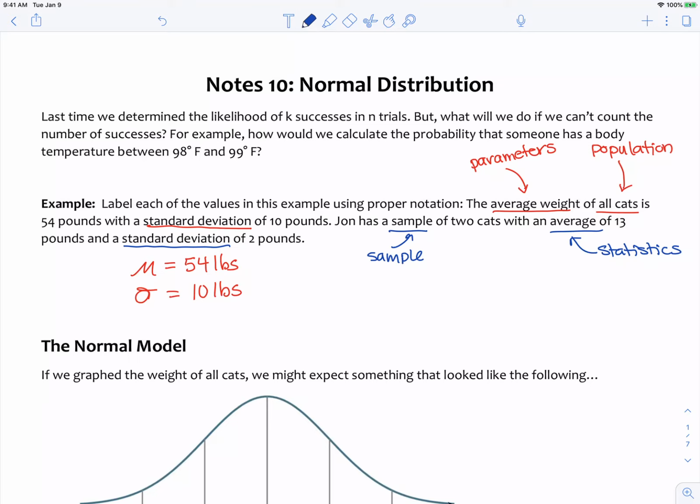The symbols here: n, our sample size, is 2. Our mean as a statistic is given the symbol y bar, and that is 13 pounds. And our standard deviation for the sample is the symbol s, and that is 2 pounds. All right, just a quick reminder on those things.